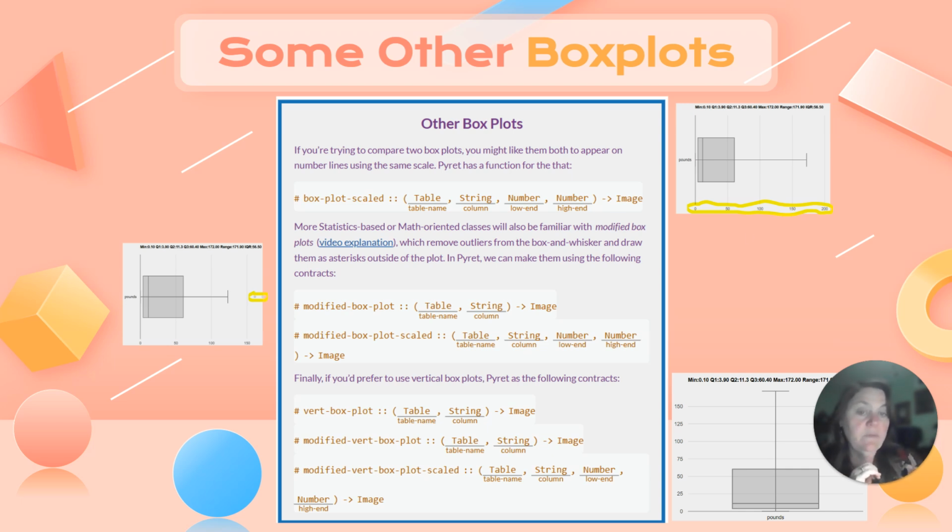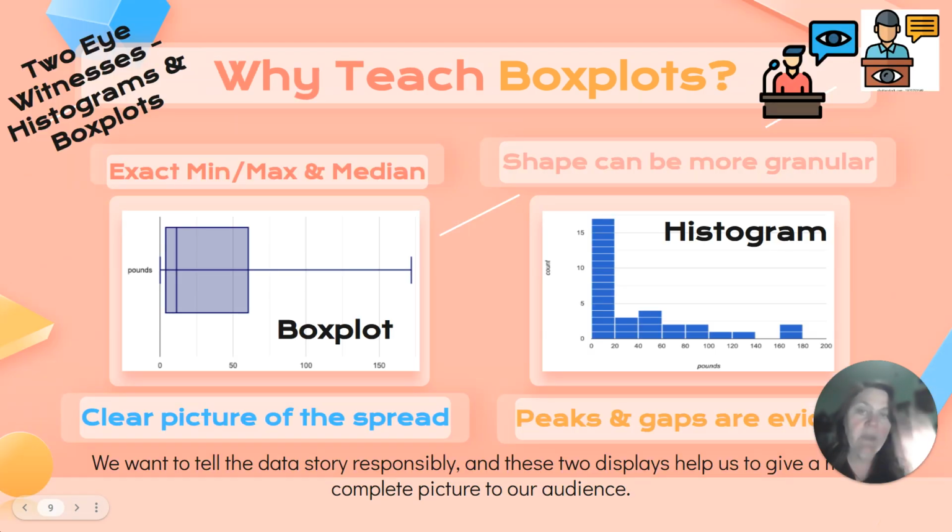So you could set the scale and make sure you put the low end and the high end number, and that way they would come out exactly the same for you to put one on top of the other when you're stacking them. We also have, and that's what I put here, you could set the scale yourself. Okay? Here is the vertical, if you want it to go vertical instead of horizontal. They're there. So those are just options for you. But why teach box plots in the first place?